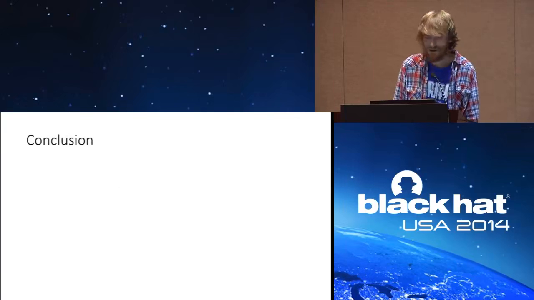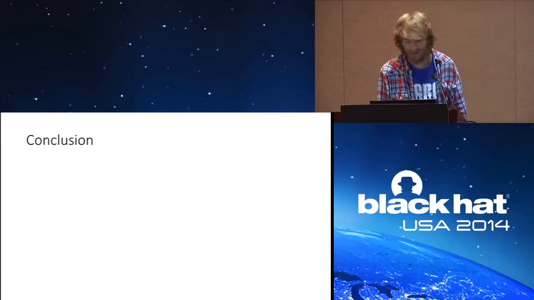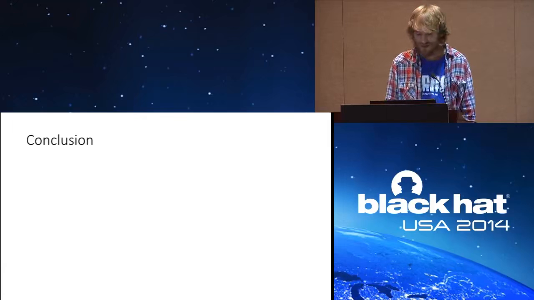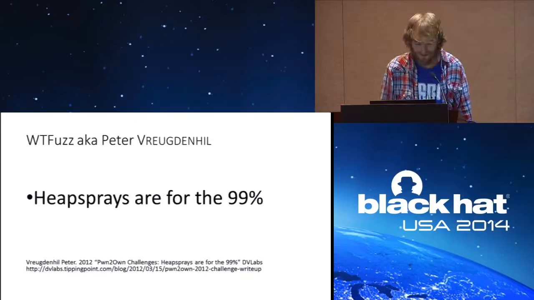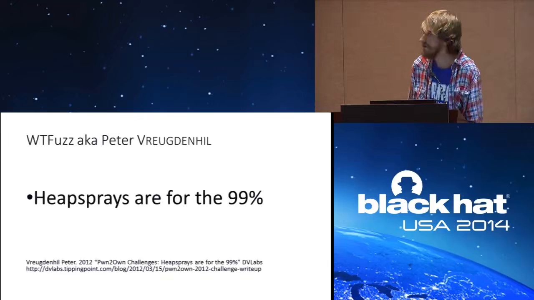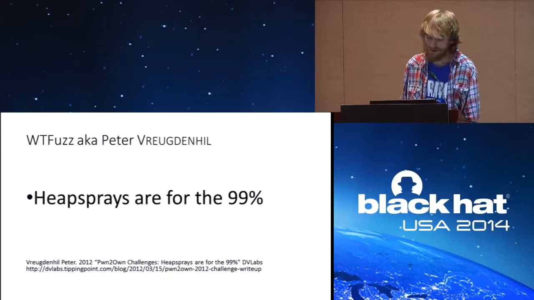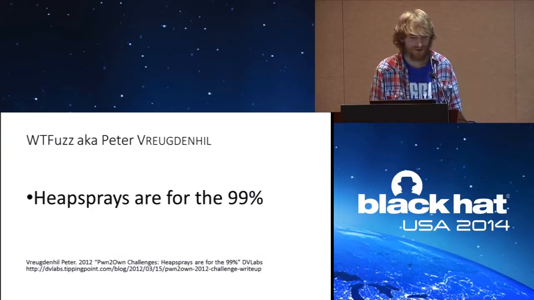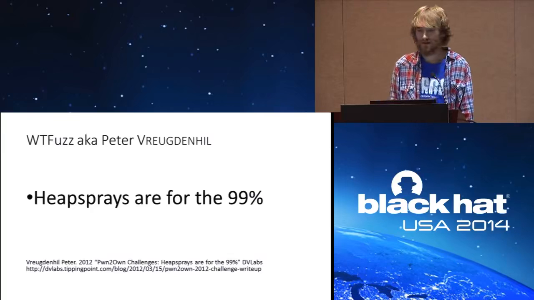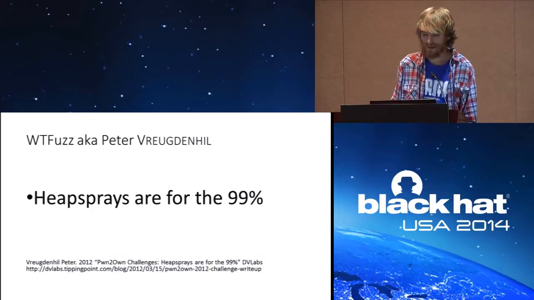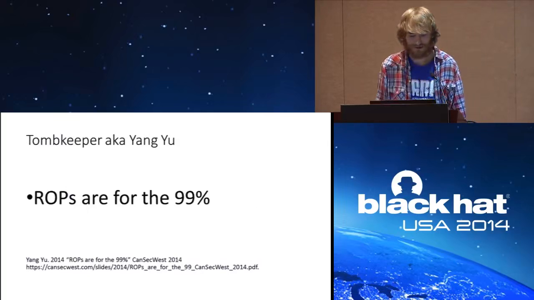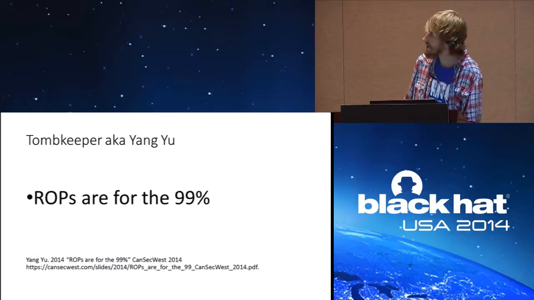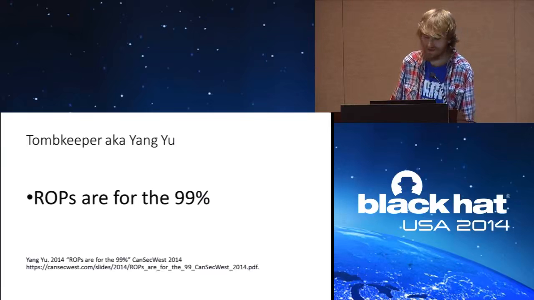So in conclusion, there are some nice quotes, and they represent how exploitation techniques evolve. First, there was a nice quote by Peter: heap sprays are 99%. The follow-up was by Tomekeeper: return-oriented programming is 99%.